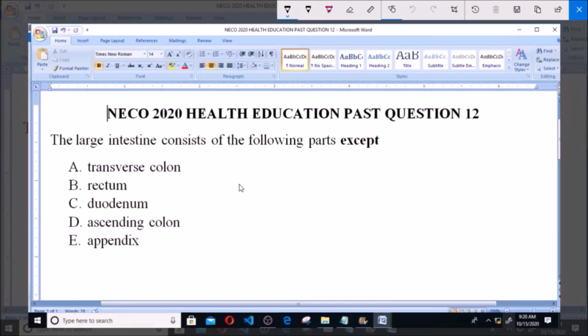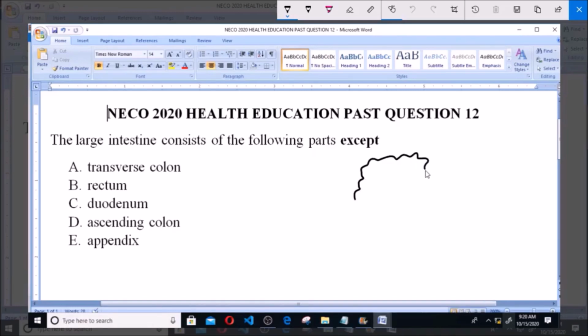Now, the large intestine is a part of the digestive tract or the alimentary canal of animals or humans. Now, this large intestine consists of several parts. This is a diagram of the large intestine.